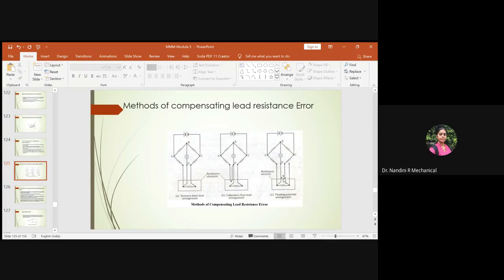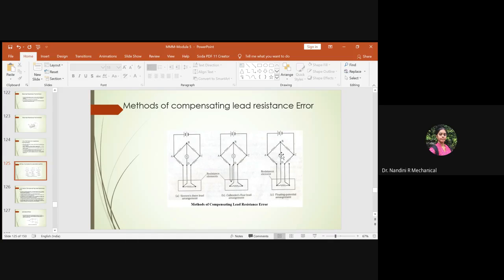This comes into the picture if you are using the same bridge with the same lead wire consistently over a longer term for measurement of resistance at high temperature range. If you are using it only periodically or occasionally, then the floating potential arrangement is not needed. If it is used consistently at very high temperature, you cannot always believe that the two lead wires you are using are ideal and identical for all ambient conditions.